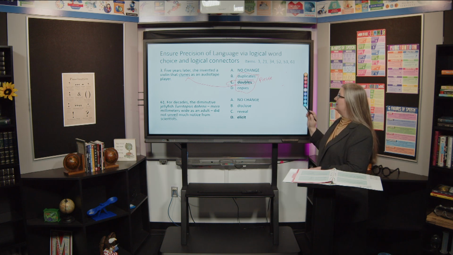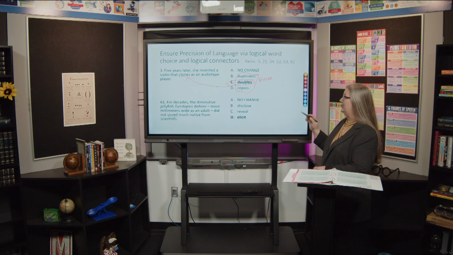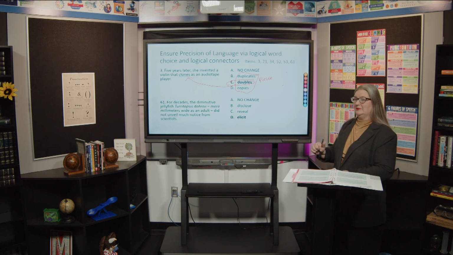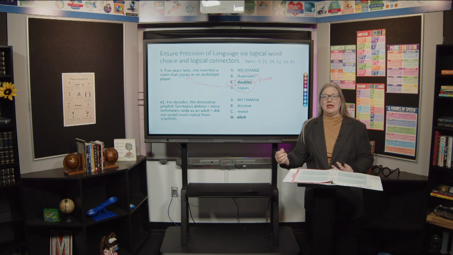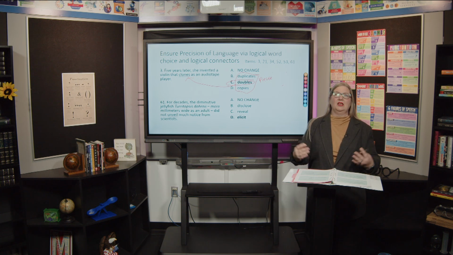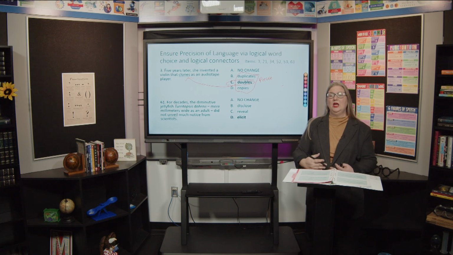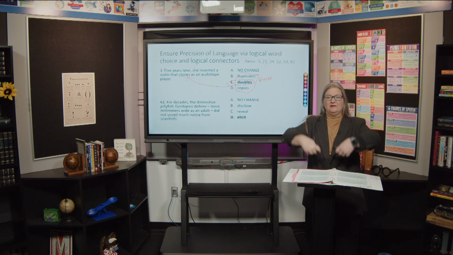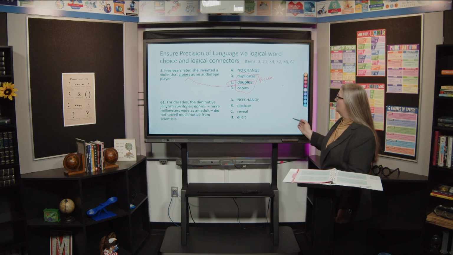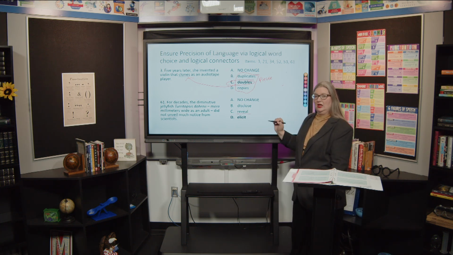So now let's look at number 61. For decades, the diminutive jellyfish, mere millimeters wide as an adult, did not unveil much notice from scientists. So to unveil, typically you think about a veil, which is usually something a bride wears, right? When she is unveiled, that veil comes up and reveals her face. And so, again, you have the word reveal over here.